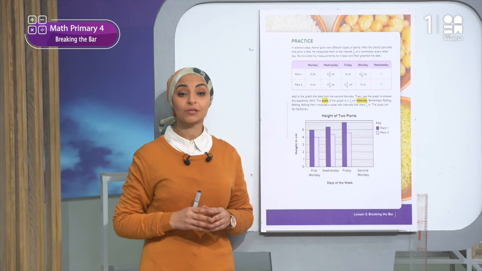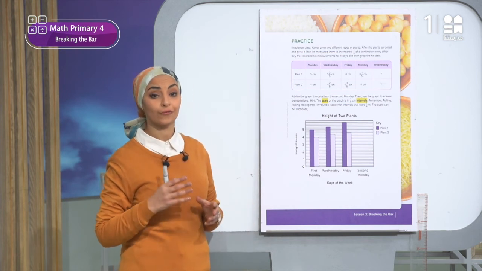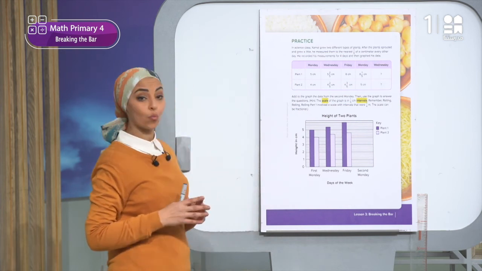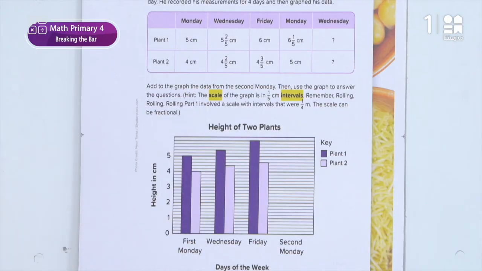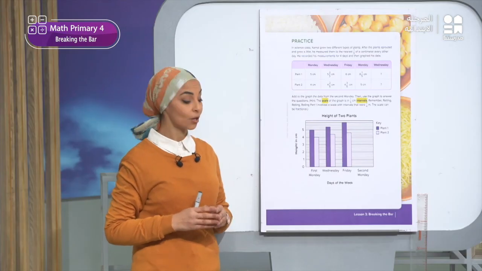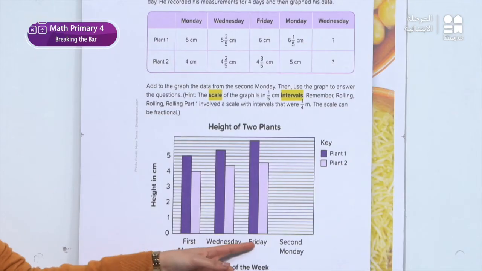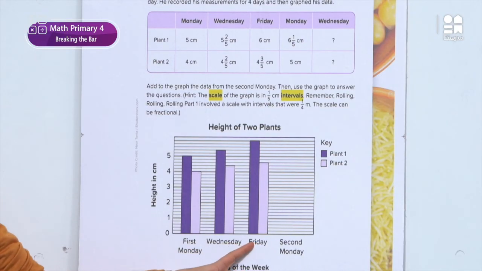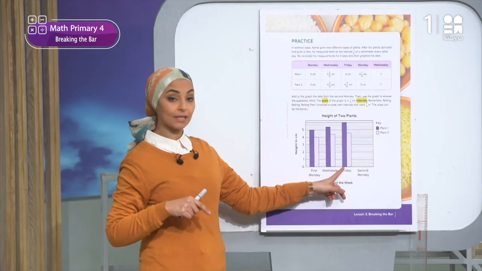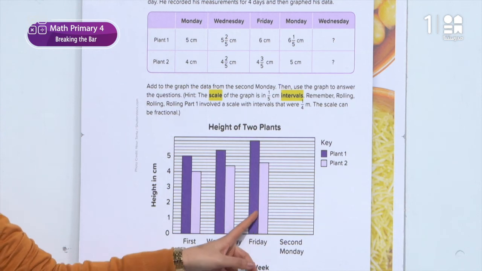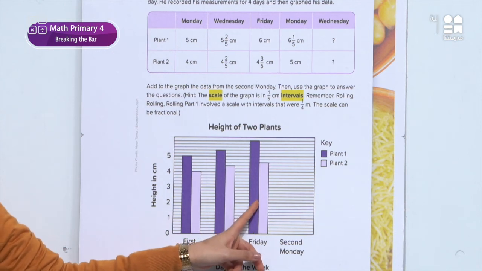The length of the first bar is 6 and 1/5. But look here, we don't have this on the scale. If we notice the first bar on day 3, which is Friday, you will find that it is 6 centimeters.